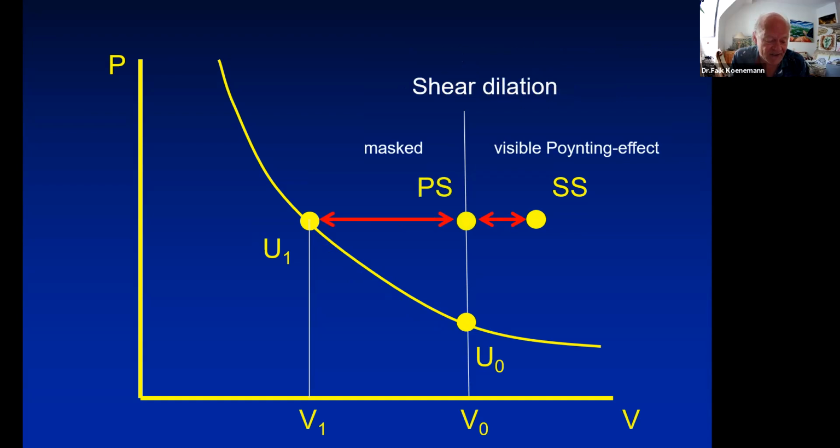This dilation does not start at V0, but at V1, which is the volume of the loaded reference state. That is, if you do not know about this diagram and you only go by the experimental observations, you do not know about the expansion from V1 to V0 in pure shear. You see it only if you perform an elastic simple shear. The shear dilation for pure shear is masked.